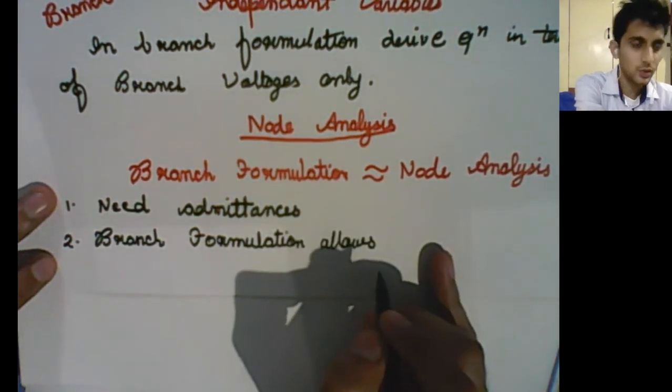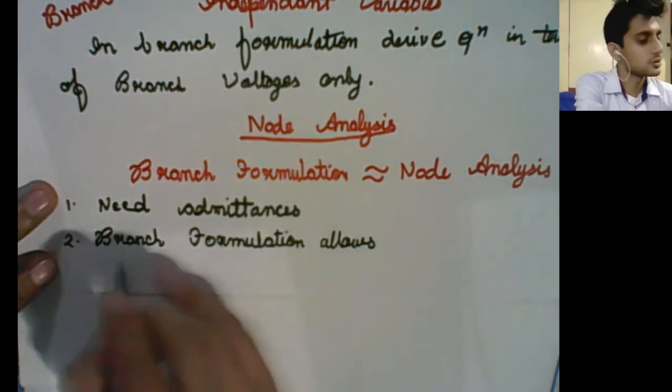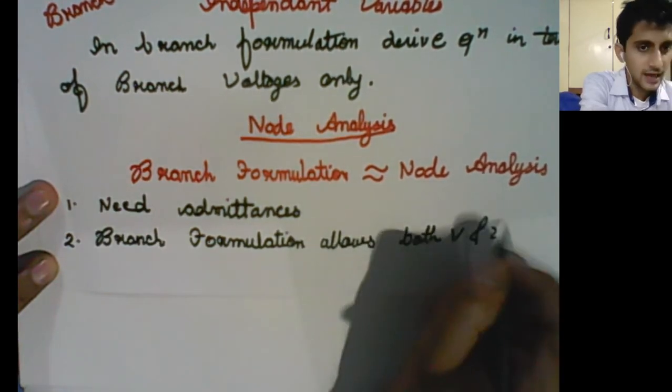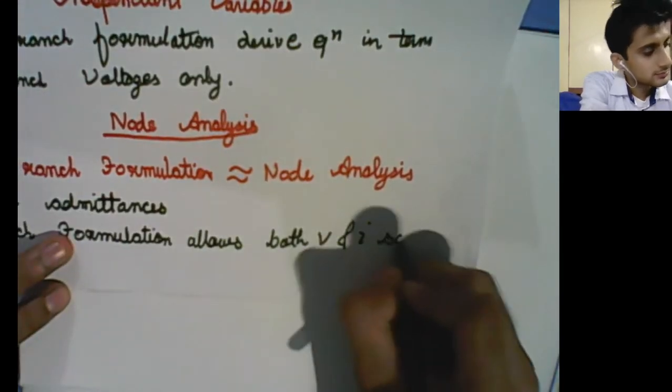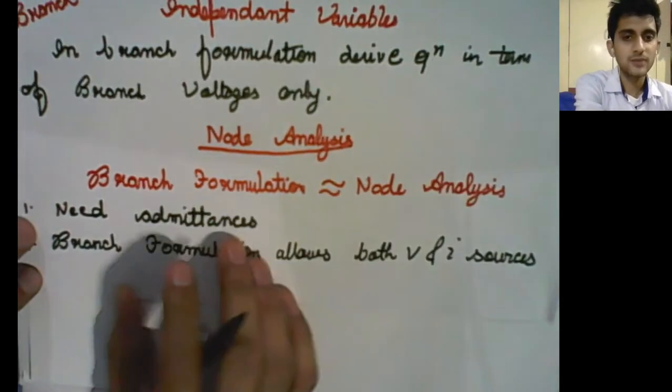This is a big thing क्योंकि node analysis में voltage sources allowed नहीं थी. So branch formulation allows both V and I source. ठीक है? Whereas node analysis में it was not allowed.